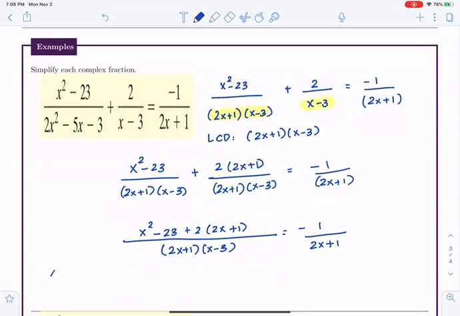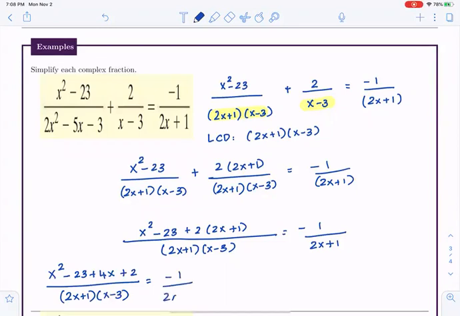The numerator would be x squared minus 23 plus 4x plus 2 divided by 2x plus 1 multiplied by x minus 3 equals negative 1 over 2x plus 1.